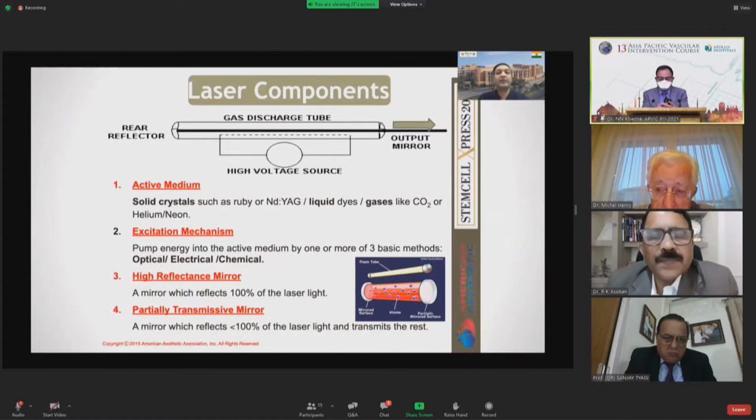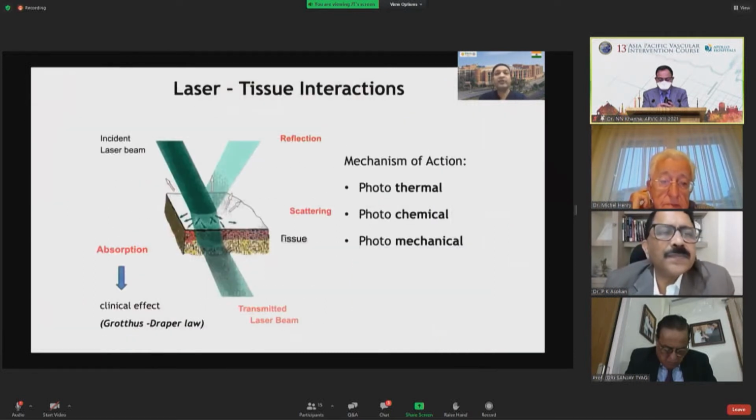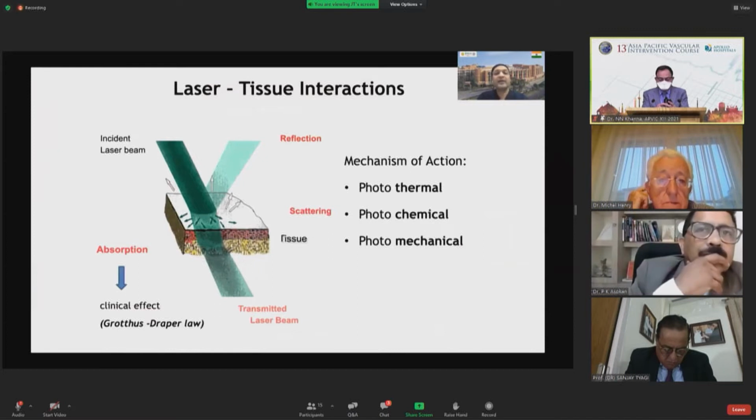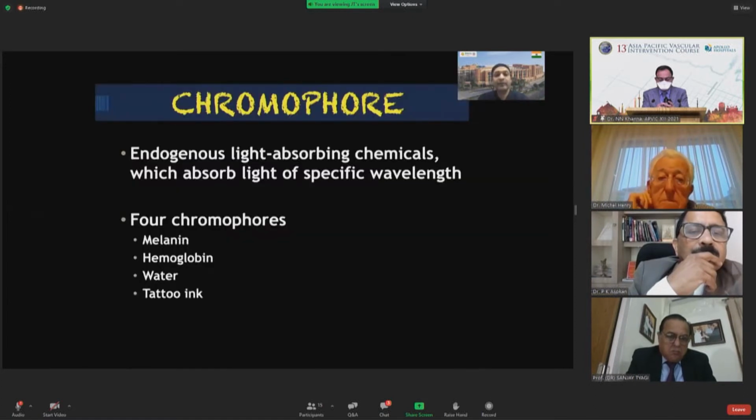So what we call a rear reflector, and then this light goes out through the output mirror, what we call a partially transmissive mirror, from which a part of this light goes out and will do what it's meant to do. So this laser can cause thermal effects, can cause chemical effects, and can also cause mechanical effects by which we will get the results clinically.